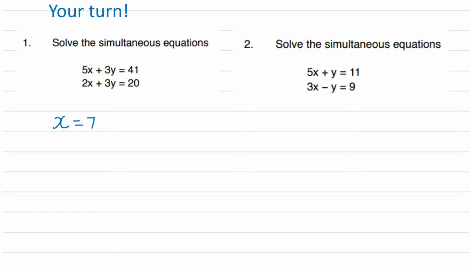So x equals 7 on this one, and y is equal to 2 is the right answer from Mohammed. Now, have you completed number 2?